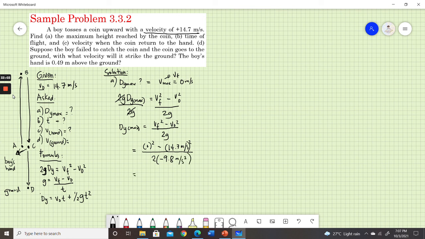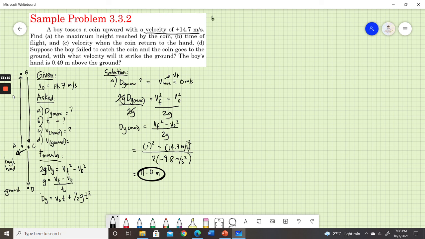Using your calculator, you would get that the maximum height that the coin reached is 11.0 meters. Okay, so now we have our A.